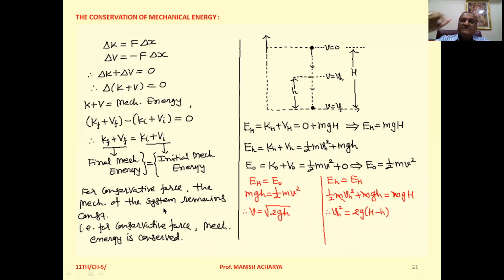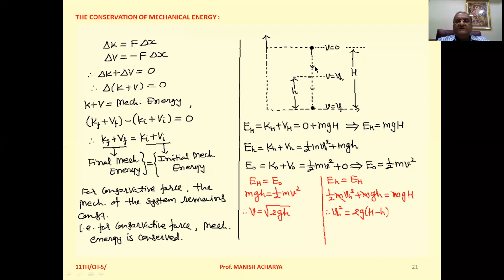So when any object is in the gravitational force field, and the object is in motion, then kinetic energy will be converted into potential, or potential will be converted into kinetic, but the total will remain constant. Clear to all of you?